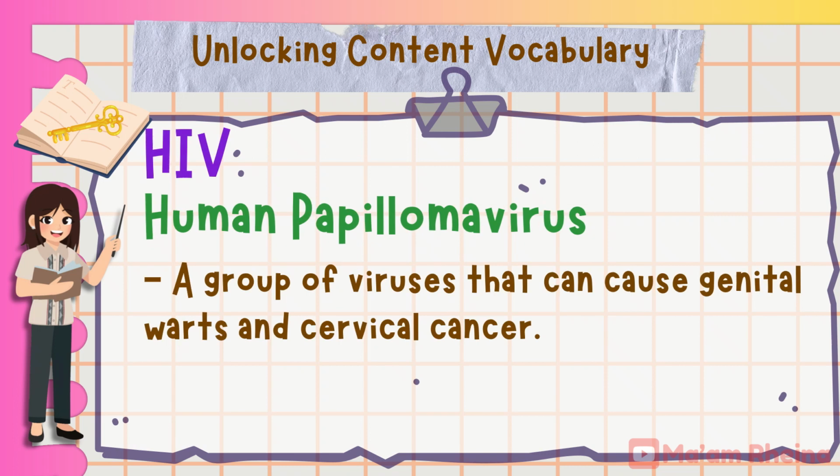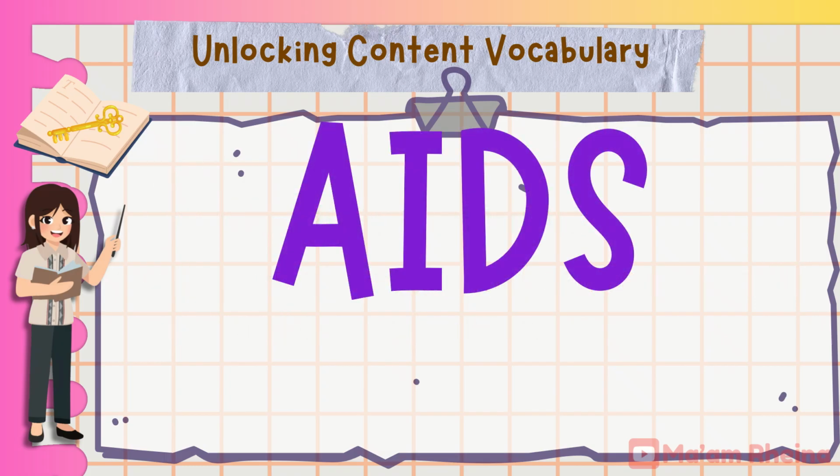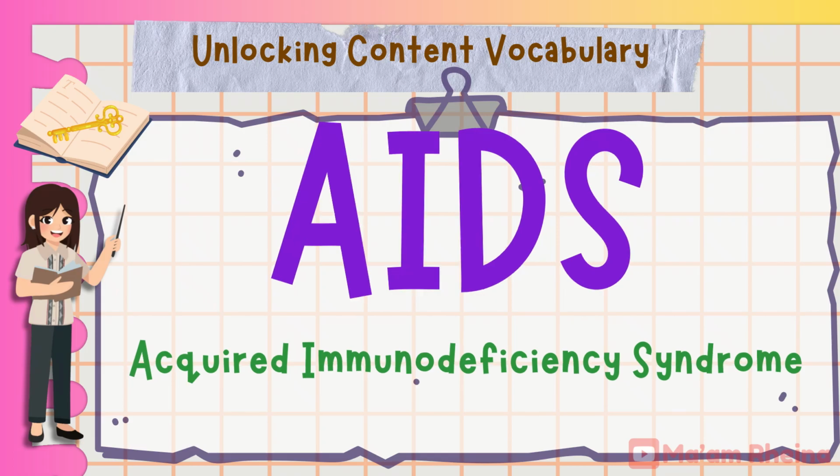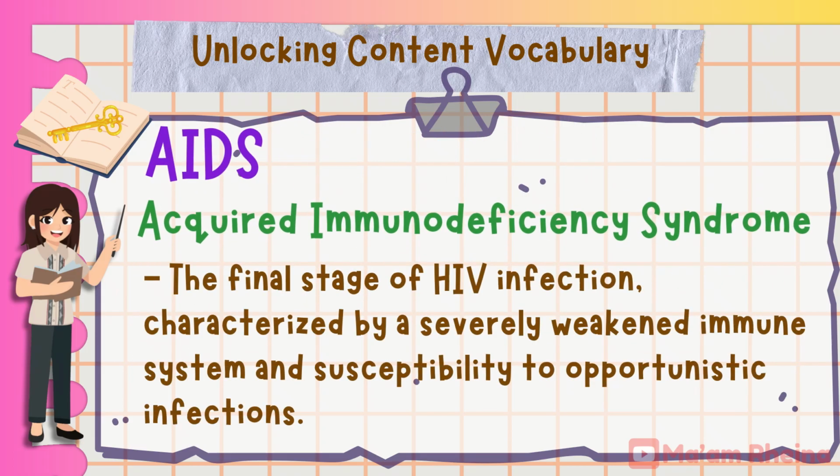A common virus that may lead to warts or cancer. AIDS, acquired immunodeficiency syndrome, the final stage of HIV infection, characterized by a severely weakened immune system and susceptibility to opportunistic infections. The most serious stage of HIV, when the body can no longer fight off infections.